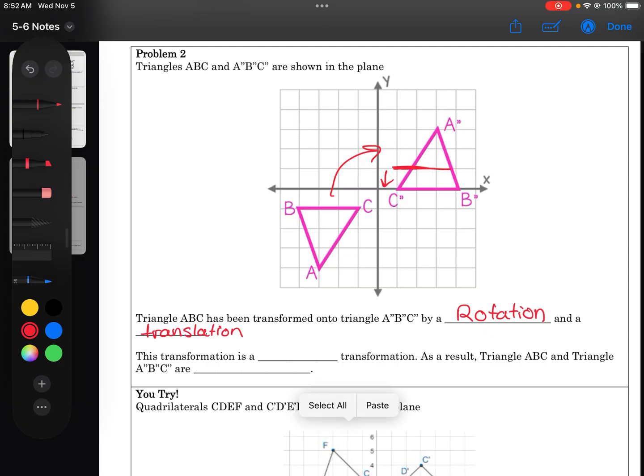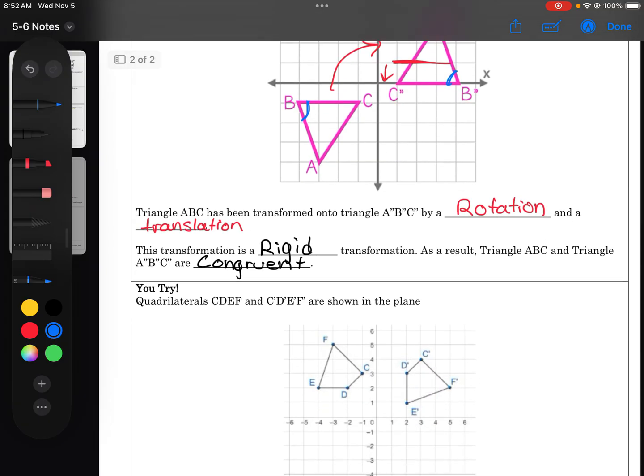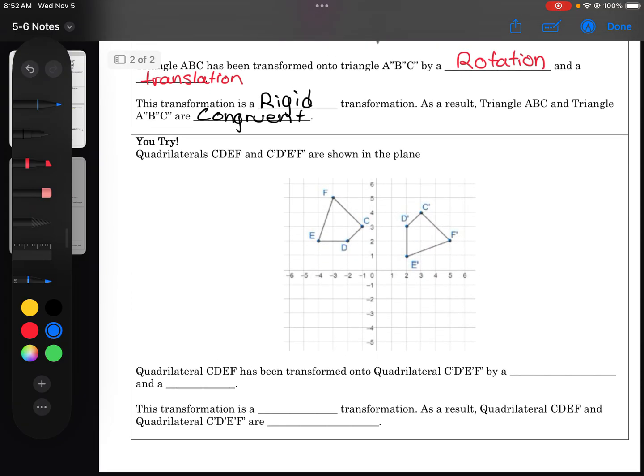Okay? This transformation's rigid. It does not change the size or shape of the figure. So as a result, the two triangles are congruent, okay? So we know corresponding parts of congruent triangles are congruent. So like angle B would be congruent to angle B double prime. They line up, they're congruent, okay? You try these, see if you can figure it out.